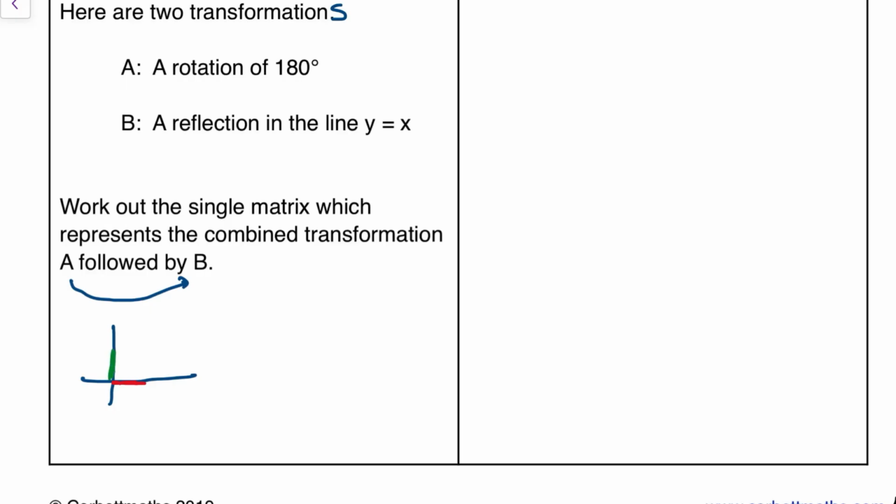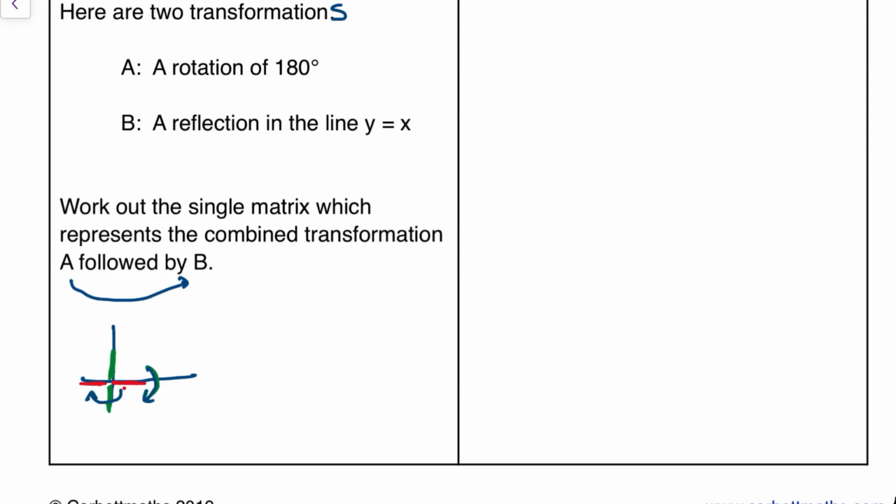Under the first transformation, a rotation of 180 degrees, because it doesn't matter which way it goes, that's going to go down to here, and this is going to go down to here. I'm not making my diagram very clear, am I? But in other words, that's going to go over to here, and this is going to go over to here.